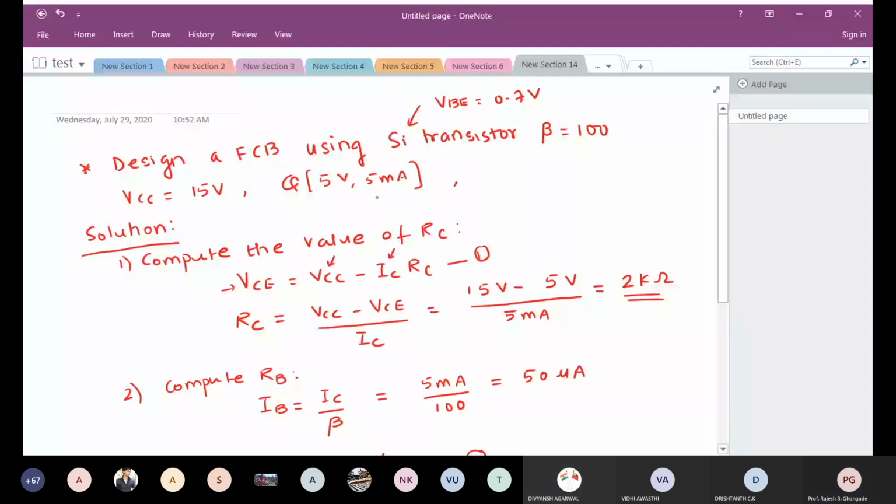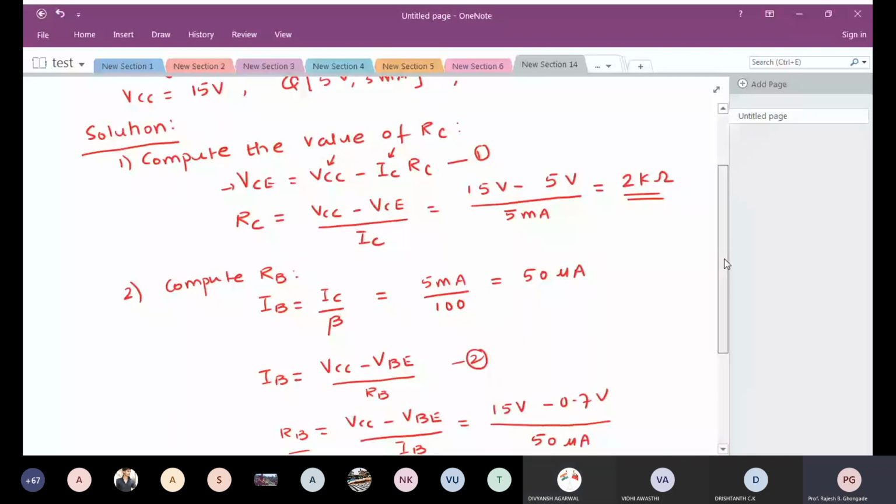And we have also seen the very first type of biasing circuit, the fixed current bias, and we have also designed one circuit for that.